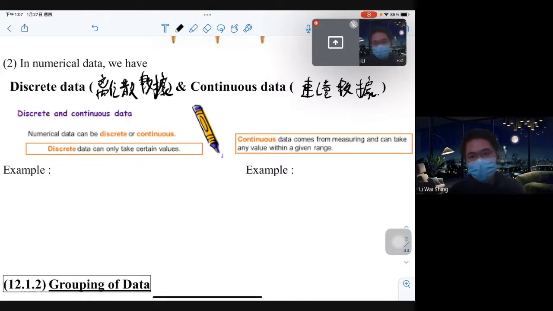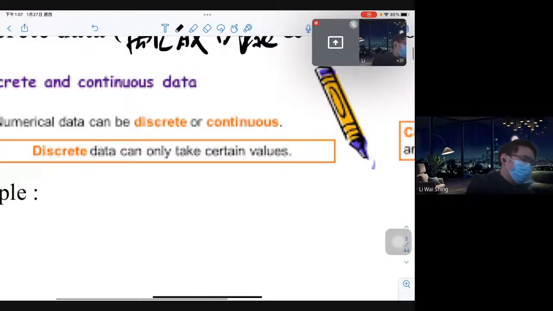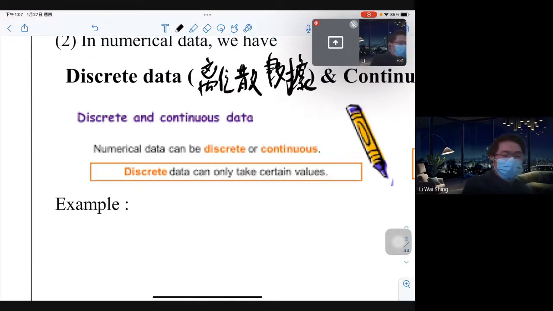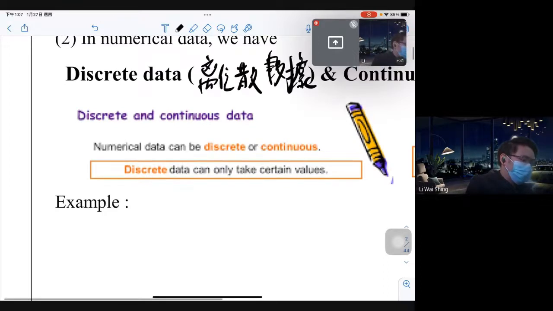Okay, yeah, if you have any opinions, you can also type it in the chat room. I'll read it. Okay, so Jeffro, have you learned about discrete data before? Yes. What is discrete data? Can you explain a little bit? Or give me one example of discrete data.